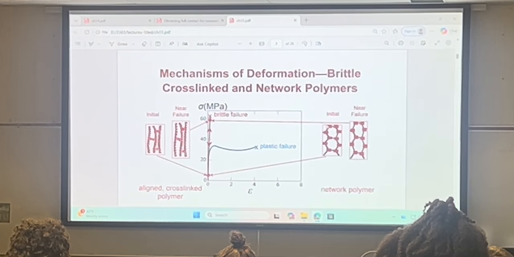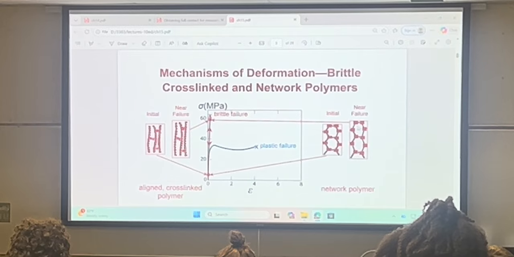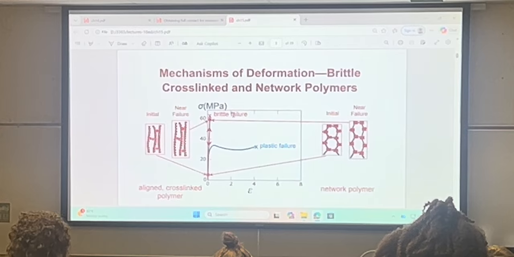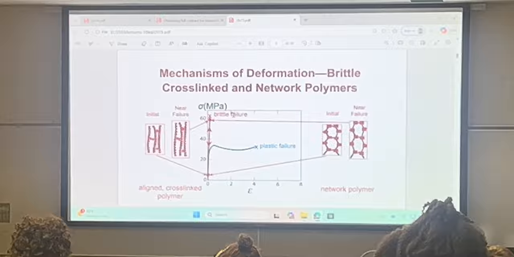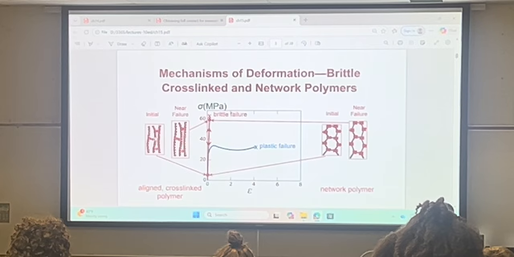For a network polymer, this is initial configuration and this is the near failure. And cross-linked means that there's the cross-linkage between the chains here.